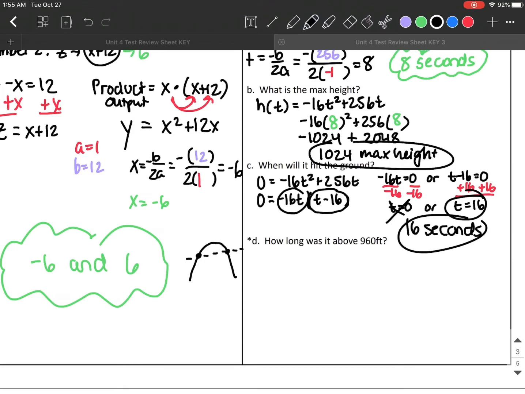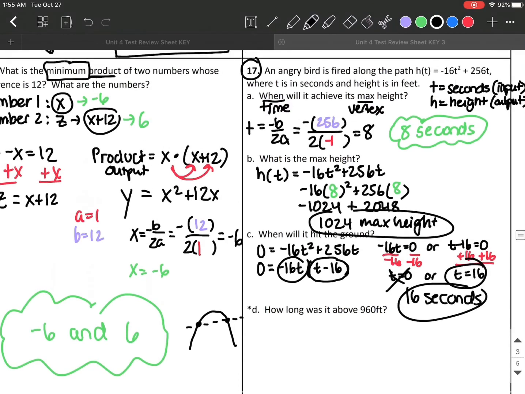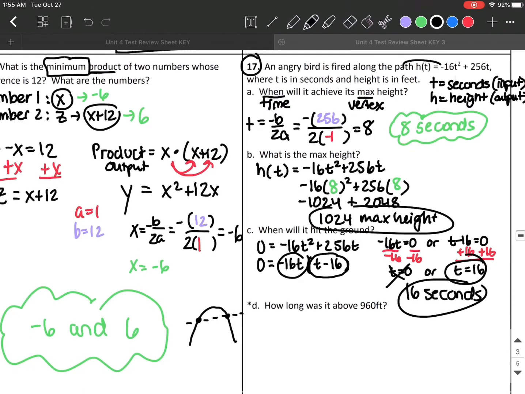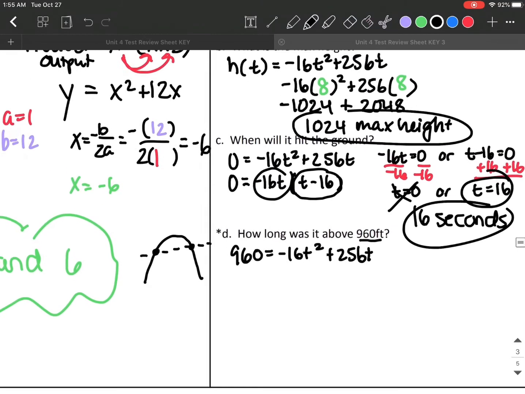When I solve this, I'm going to find 2 points because I hit 960 feet going up, and then I'm going to hit it again going down. So I'm going to use this equation again that was given to me. I have the height again is 960, so I have 960 is equal to negative 16t squared plus 256t.